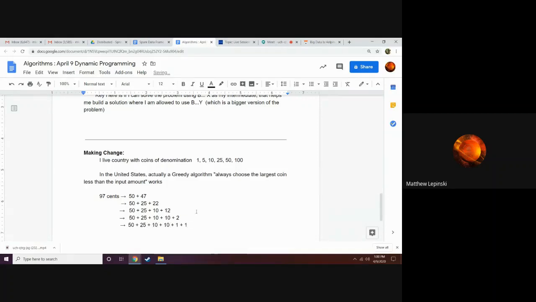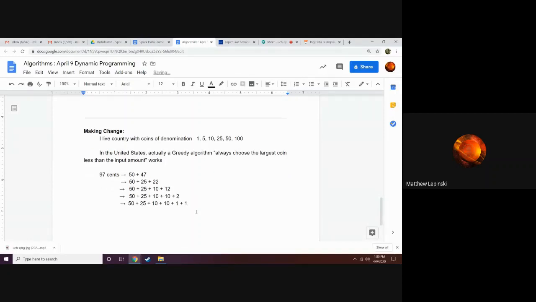So here I changed 97 cents using 6 coins, and William is absolutely right that in the case of the United States coins, there's no way that I can do better than this greedy algorithm.